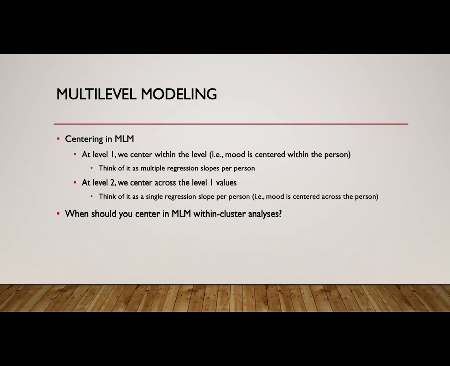Does that make sense? The contextual effect is saying, controlling for your average level of mood, when you move one value above your average mood, you move X values based on the coefficient on your perceived stress. Does that make sense? It didn't make sense when I said it out loud. It made perfect sense in my head.